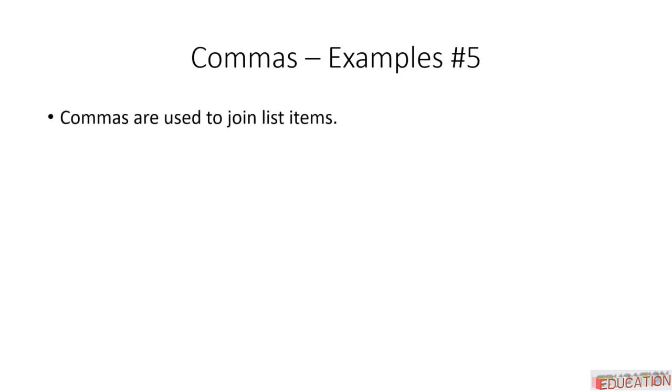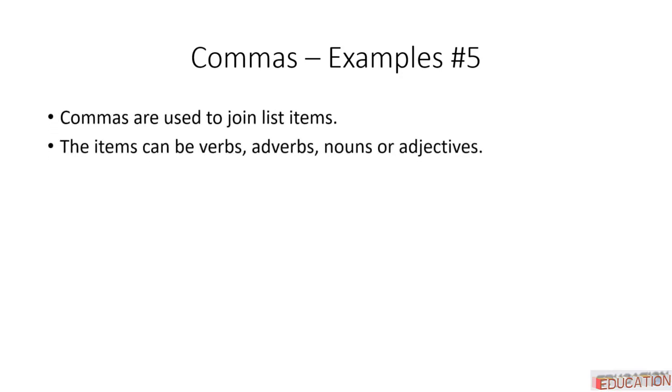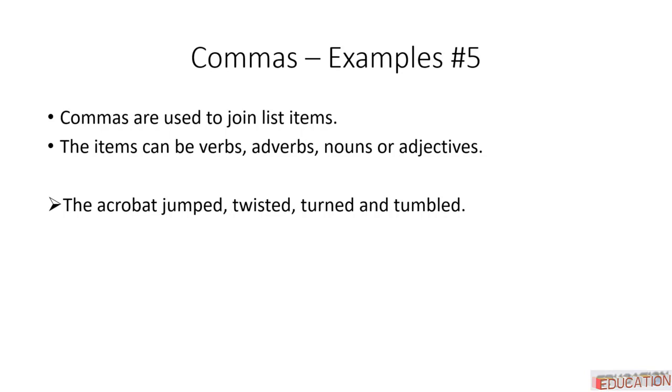We can join lists of items. And the items can be verbs, adverbs, nouns, or adjectives, and we'll look at an example of each. So for verbs, "The acrobat jumped, twisted, turned, and tumbled," with commas between the individual items. Or for adverbs, "Go there quietly, quickly, and directly."